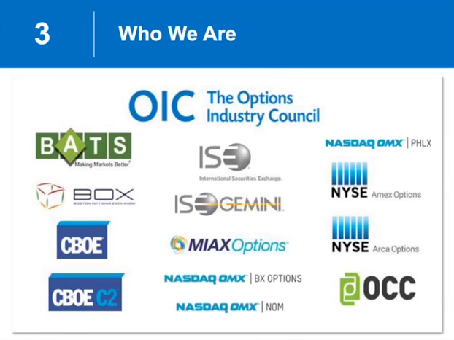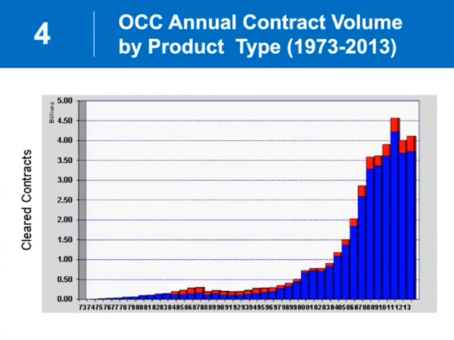For those of you new to the OIC events, this is who we are. We are a nonprofit educational entity funded by the members of the OCC, the Clearing Corporation, along with the now 12 U.S. listed option exchanges. And this really is, for those of you who have heard me in the past, one of my favorite slides. It speaks to the growth in the industry.